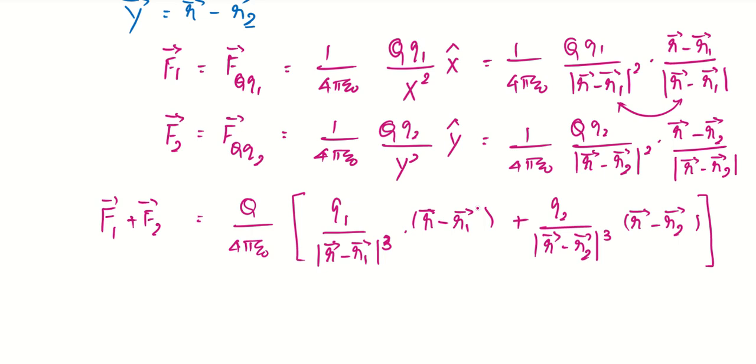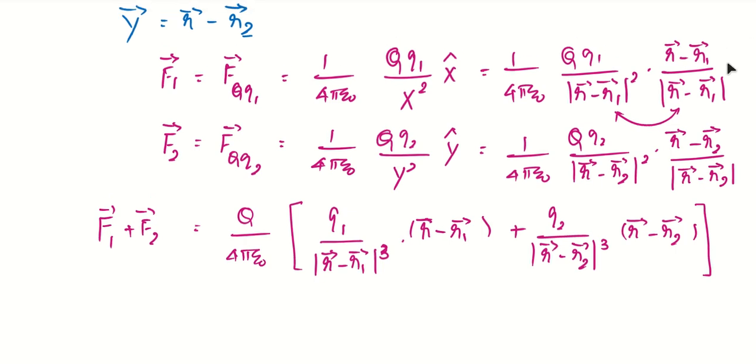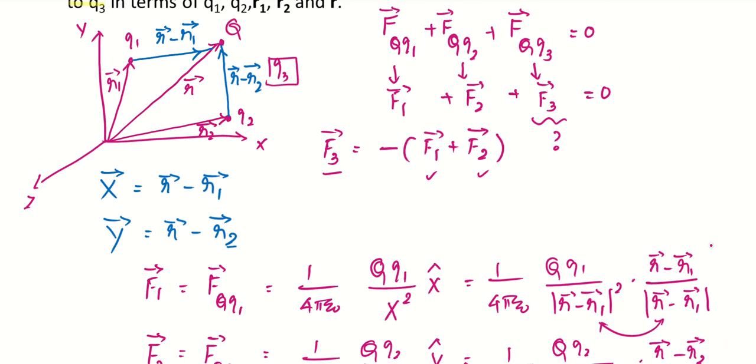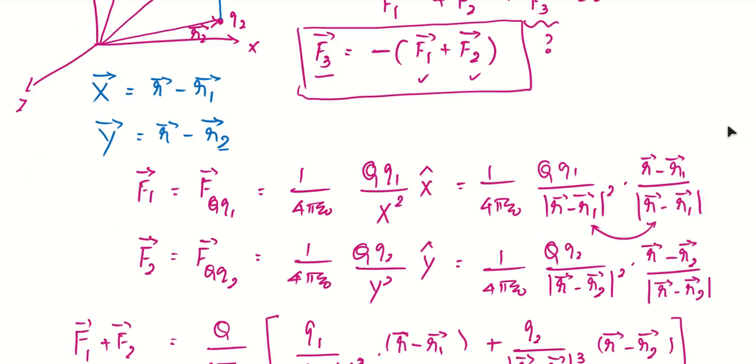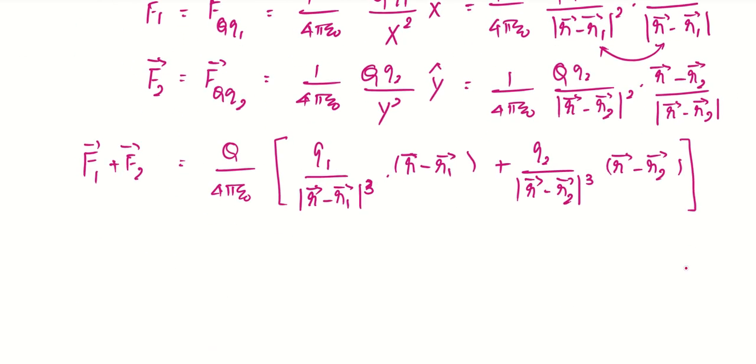Now, because they are in equilibrium, F3 equals minus of F1 plus F2. So let's write that here.